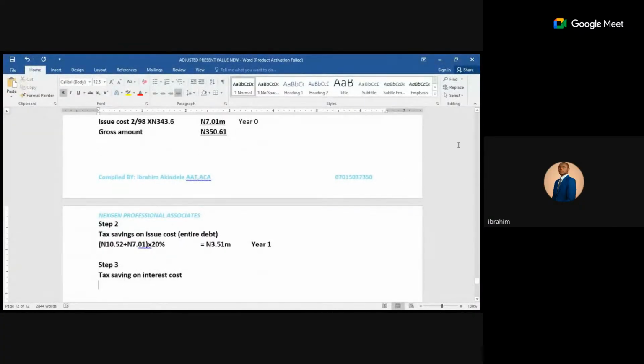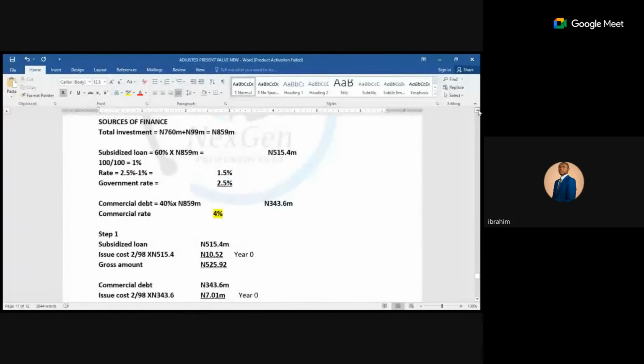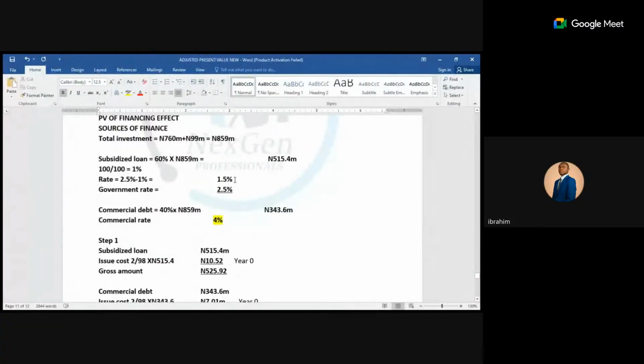On interest. We have the interest on subsidized of 1.5, and we have commercial to be this, which is your MPR, monetary policy rates. So we have interest on commercial and on subsidized.